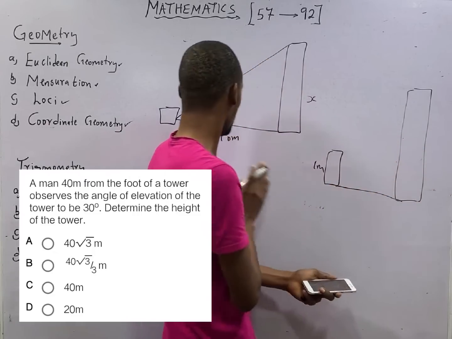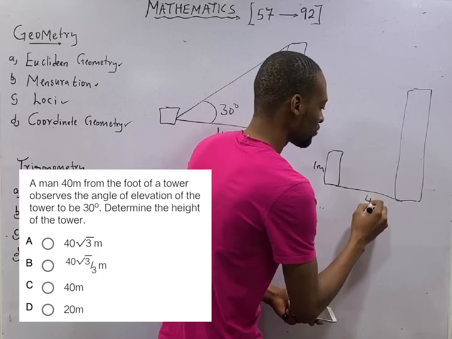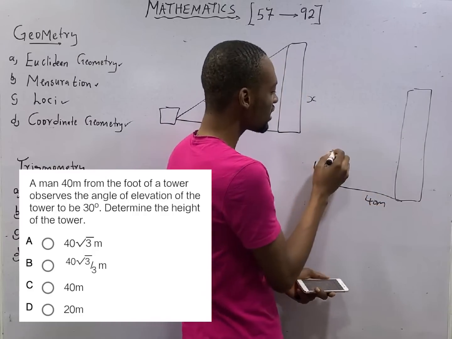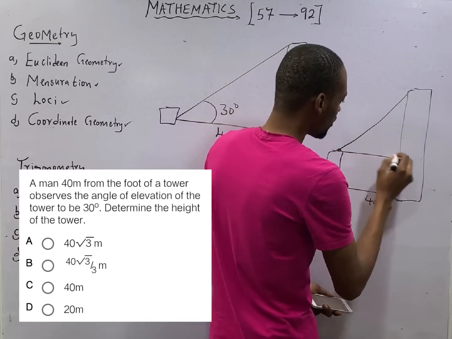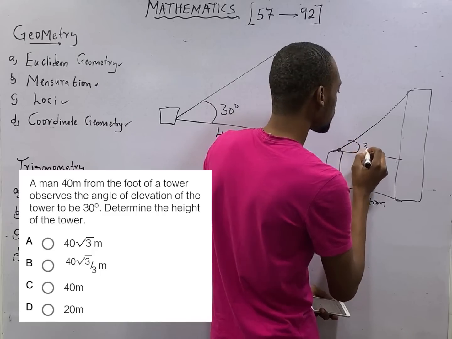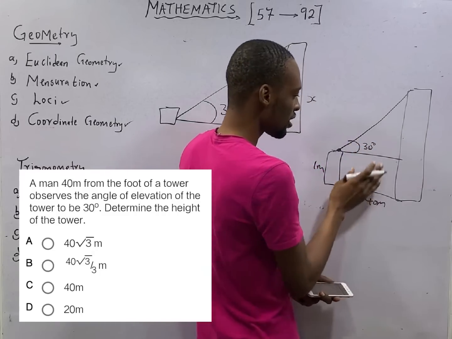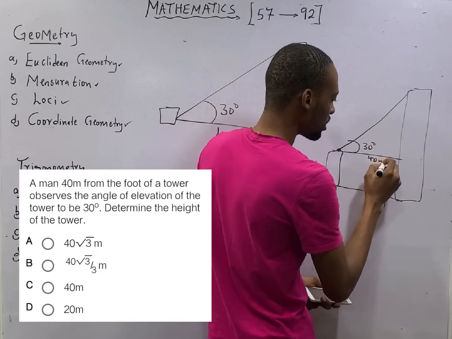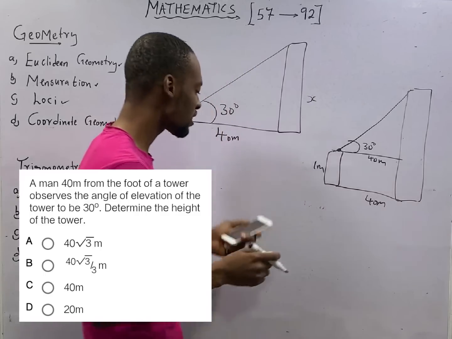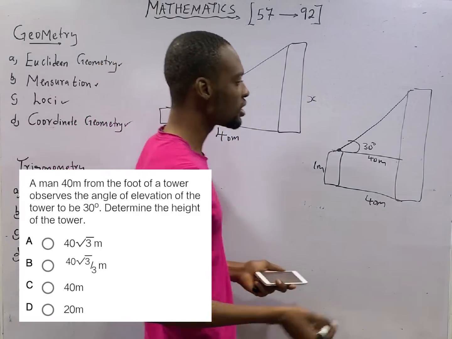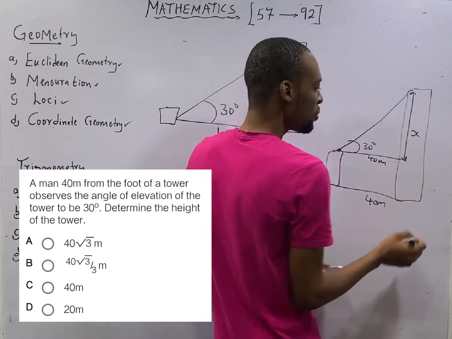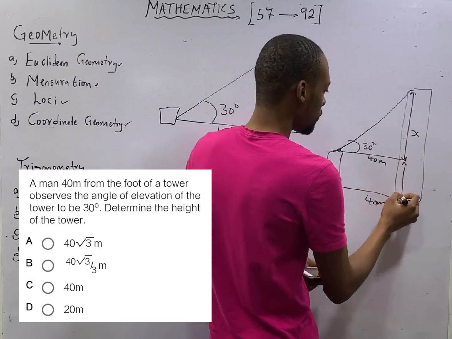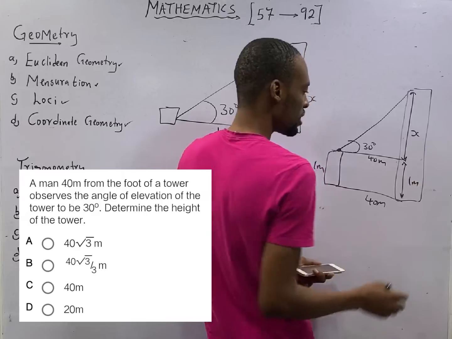Here to here will remain 40 meters. Then the eye of the man would have been here, and here this would have been the angle of elevation, 30 degrees, and this will also be 40 meters. In this case, the height of the tower will be from here to here, which is S opposite, plus from here to here, which is 1 meter.